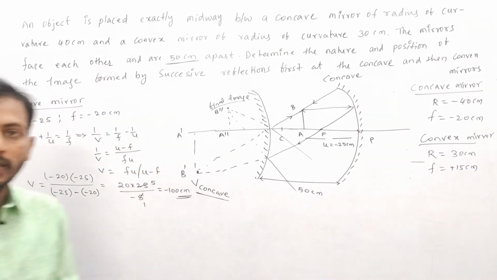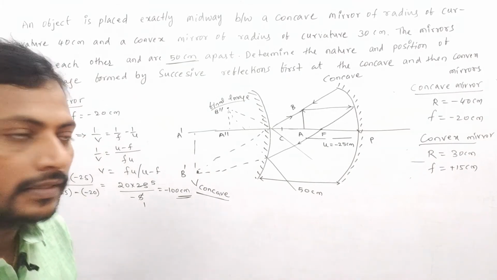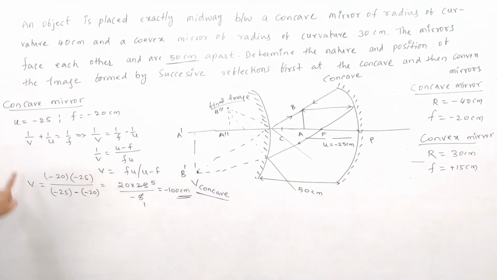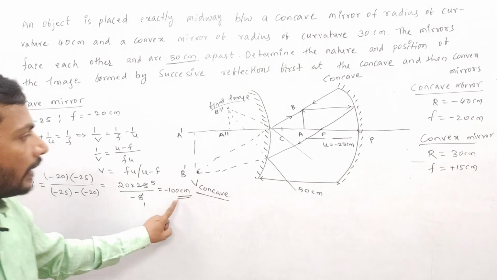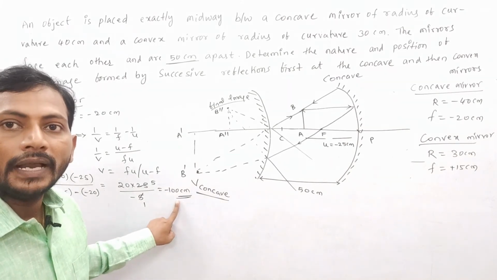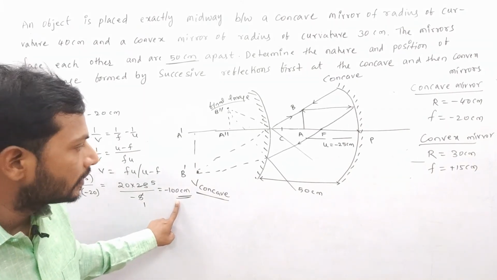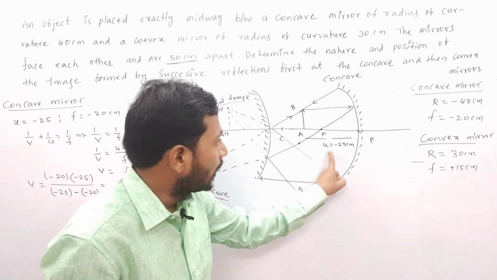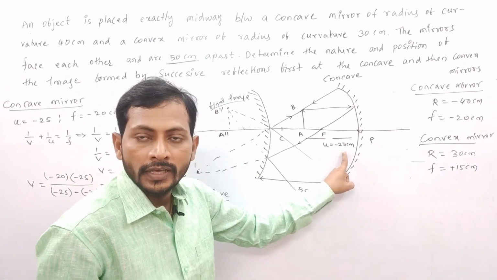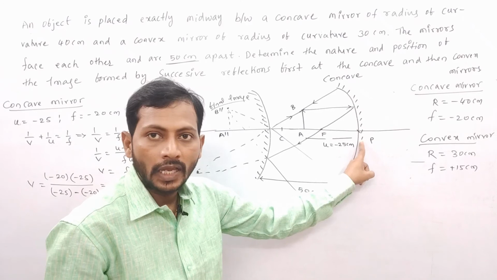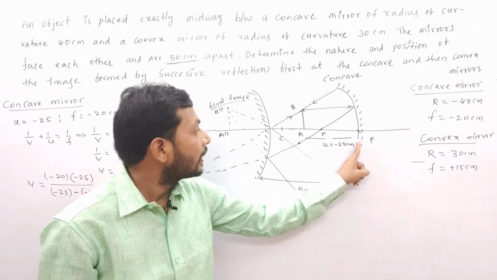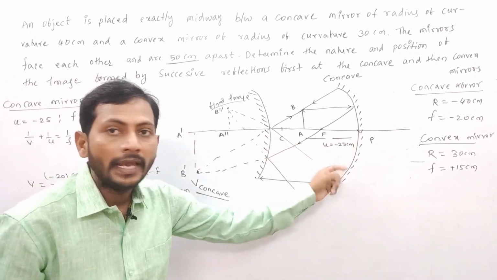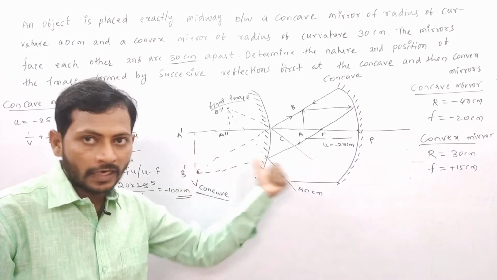You got this. What is meant by this? Sir, V is minus 100 centimeter. It means if you keep the object 25 centimeter away from the concave mirror, the image is formed 100 centimeter away. Minus means in front of the mirror, on the left side only.